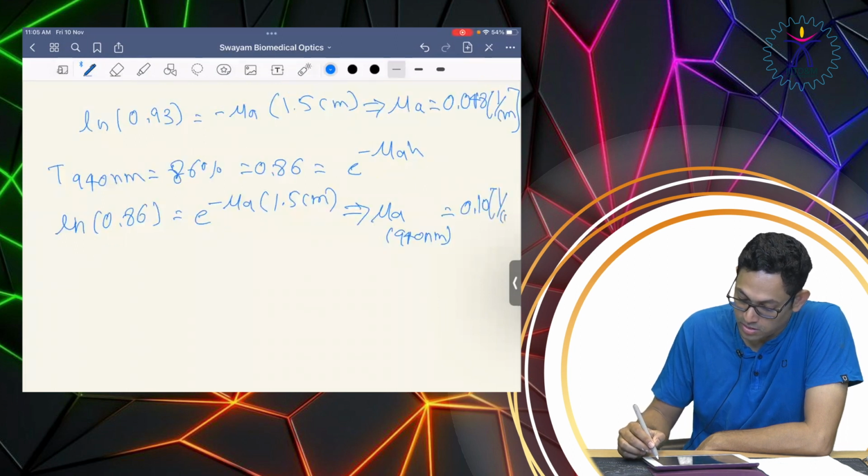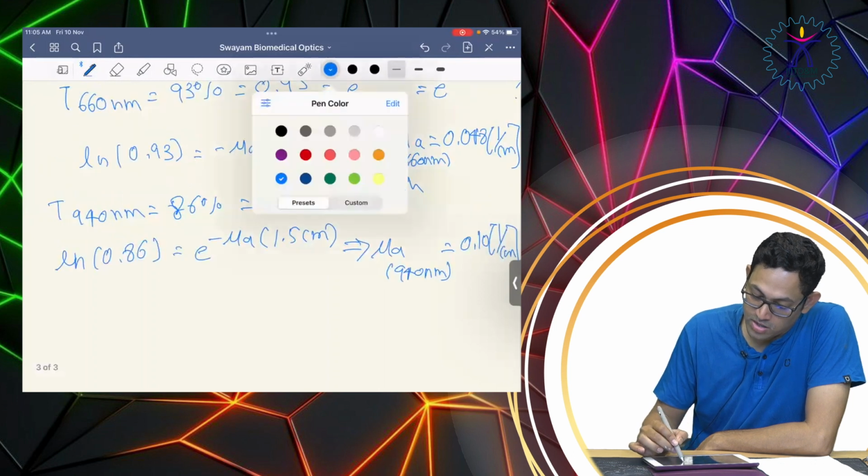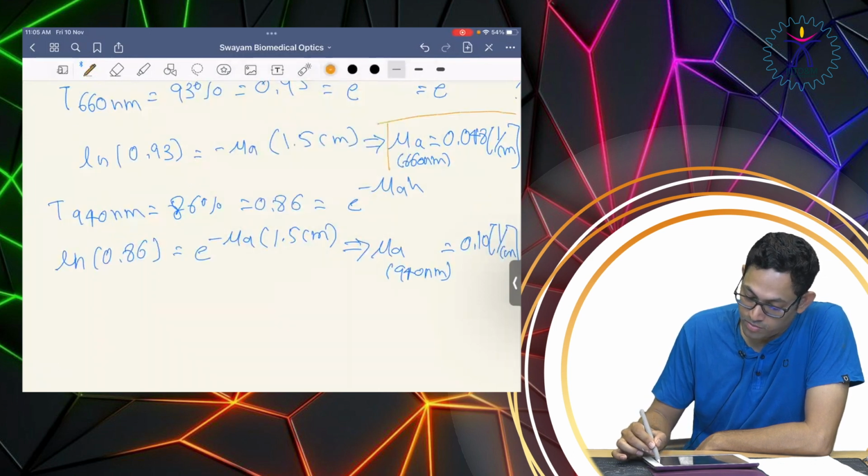And the previous one was for 660 nanometers. These are the two important values of mu a that we get.